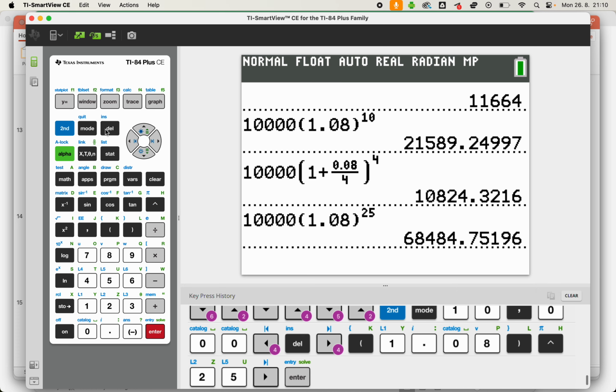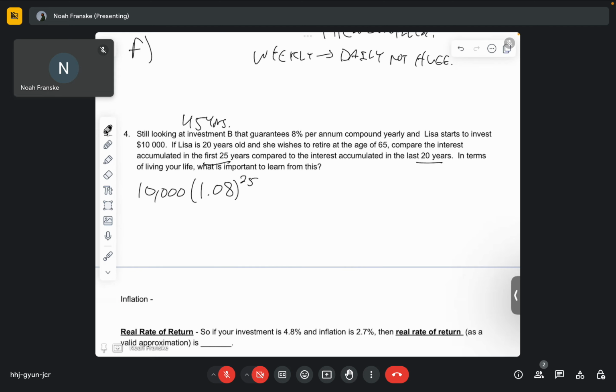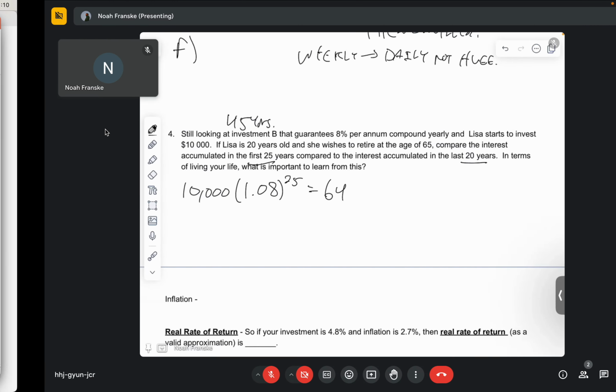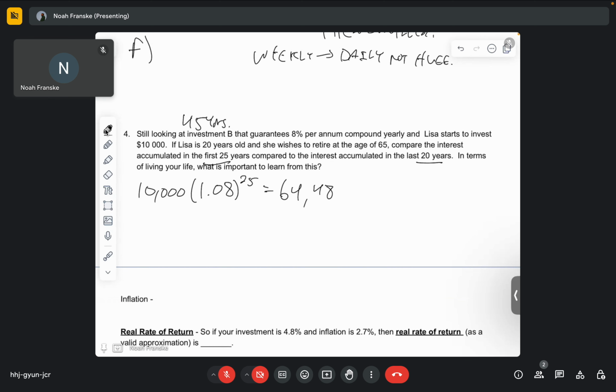That gives us $68,484. And so the interest, if we take away the $10,000, is $58,484.